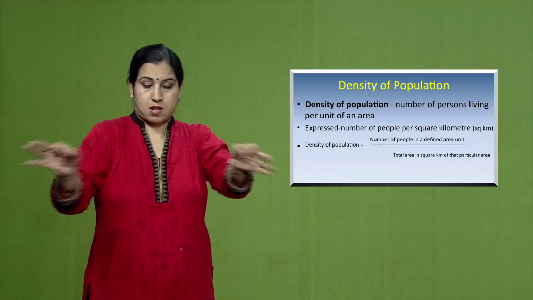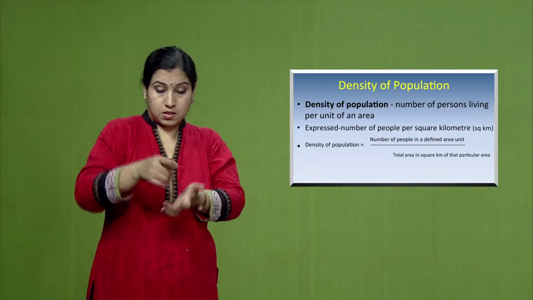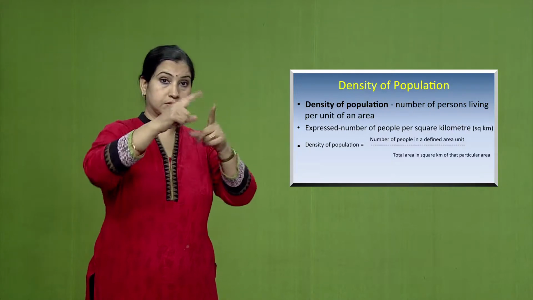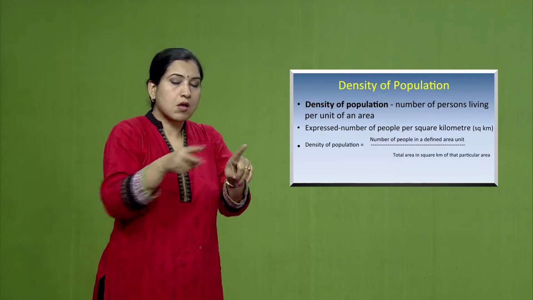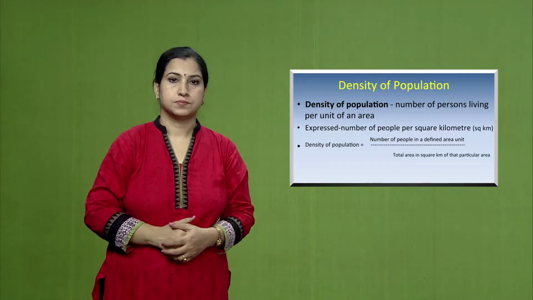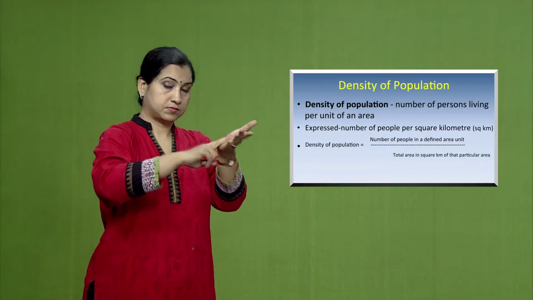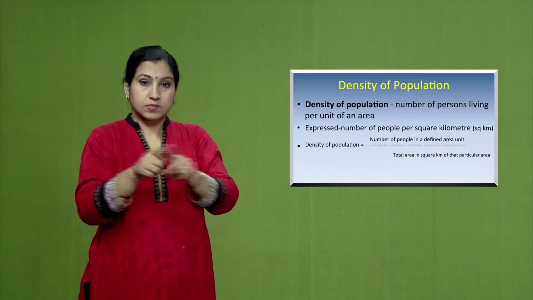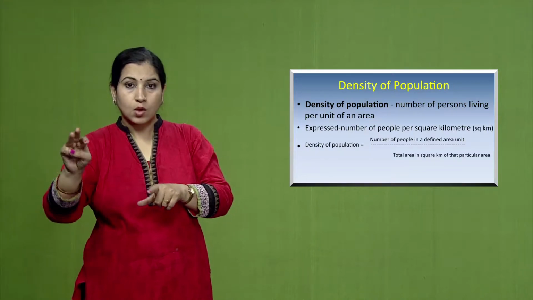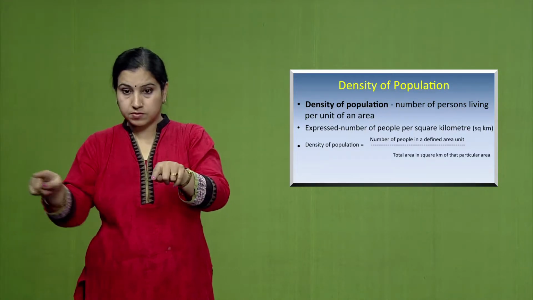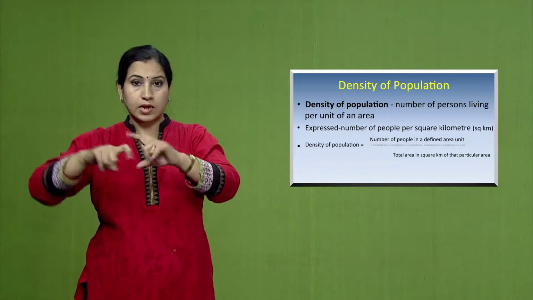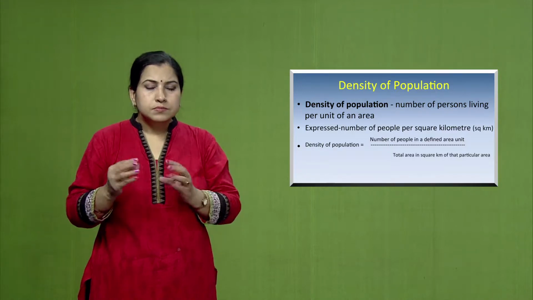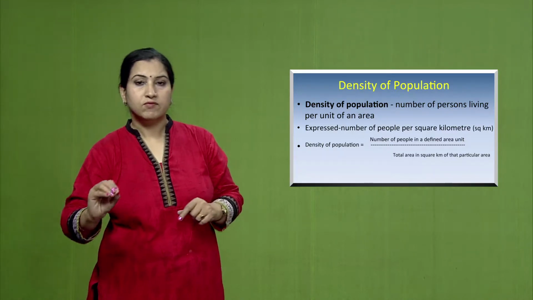The density of population of this district can be calculated as follows: density of population is equal to 2,50,000 persons divided by 1,000 square kilometer. That is equal to 250 persons per square kilometer.